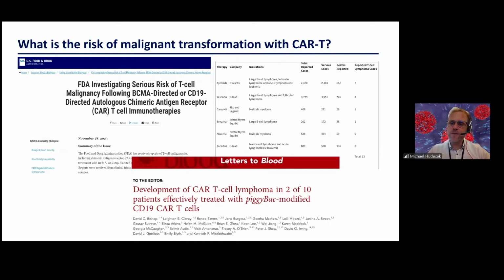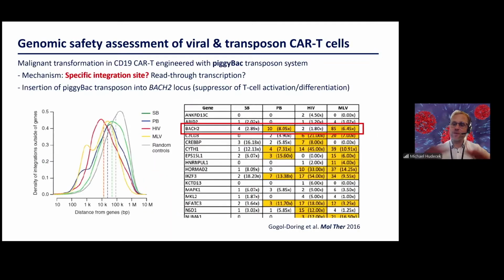Even though the number of cases that has been reported is very limited, and also the number of cases where de facto malignant transformation of CAR T cells has been observed is very little. I will also say that also with transposon technology, however, with the piggyBac transposon, malignant transformation has been reported, and this is why we and our collaborators have been trying to get to the ground and the mechanism of action that is in place here.